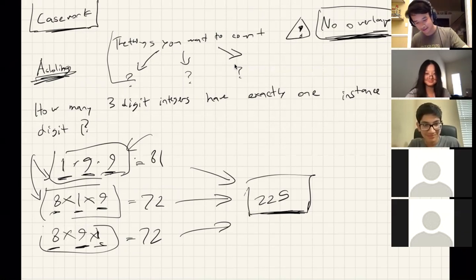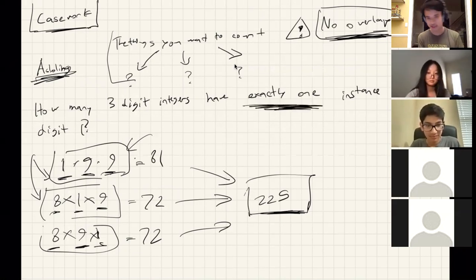Did not happen. So yeah, it's actually exactly 1 instance of the digit 1, right? This is the key word in the problem, and I forgot about it when I was doing it for you. But yeah, exactly 1, right?